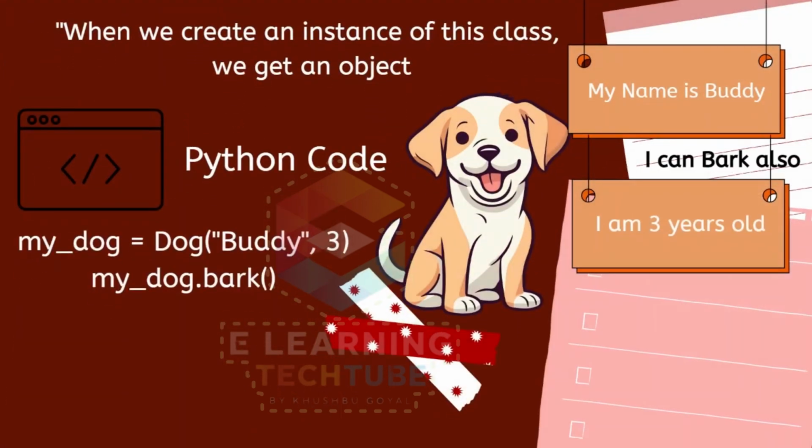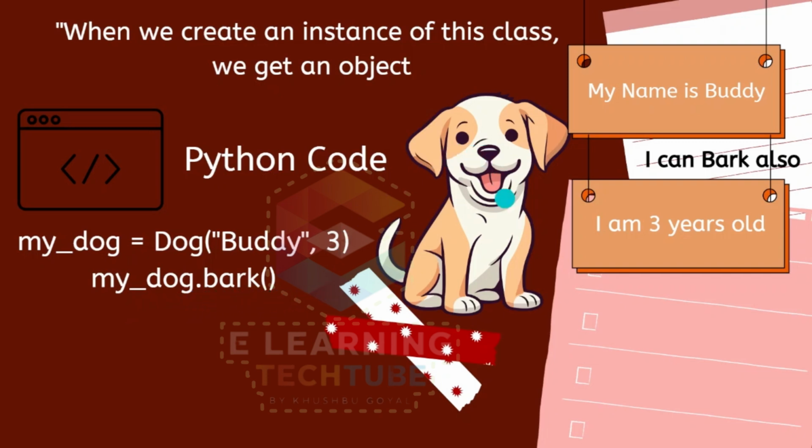So here is the Python code to create the object of this class: my_dog is equal to Dog, and then we have passed the name of the dog as Buddy, and the age of the dog as 3. And then we have called the function of the dog, my_dog.bark.